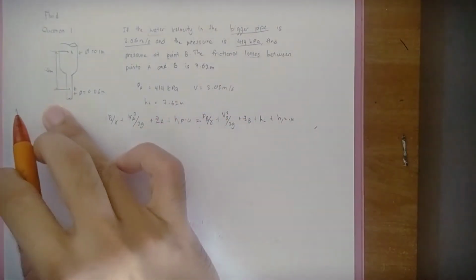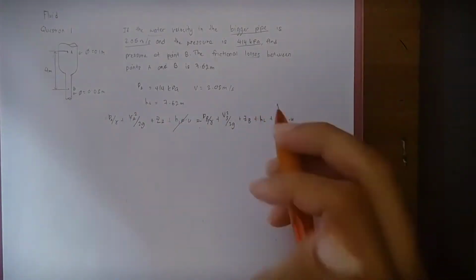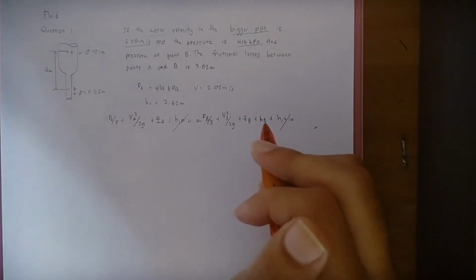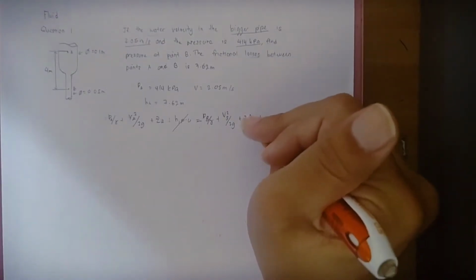So there's no pump here, cut pump, no turbine, and ZB is equal to 0, cut ZB.